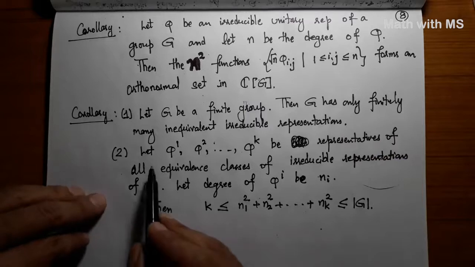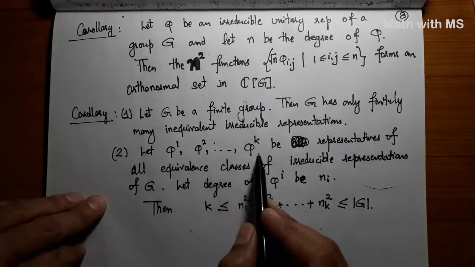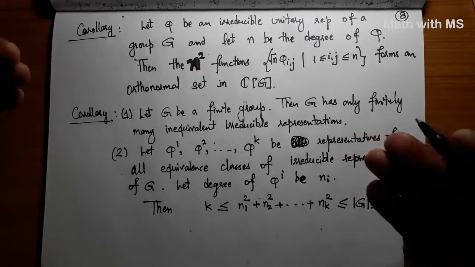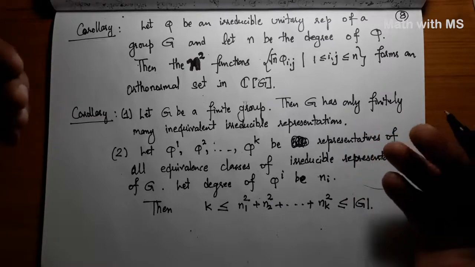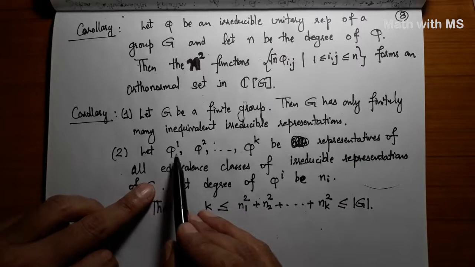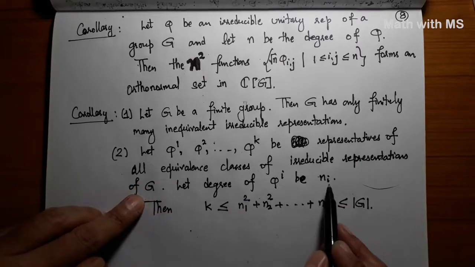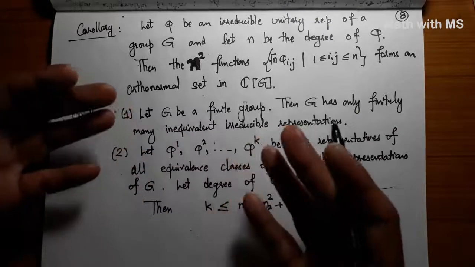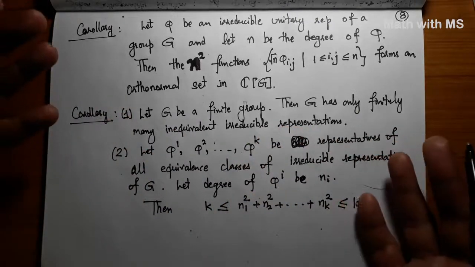Secondly, if phi_1, phi_2, up to phi_k are the representatives of equivalence classes of inequivalent irreducible representations of a group G, then each phi_i, let us say of degree n_i, has n_i squared coordinate functions, and all of them form an orthonormal set in the group algebra CG.